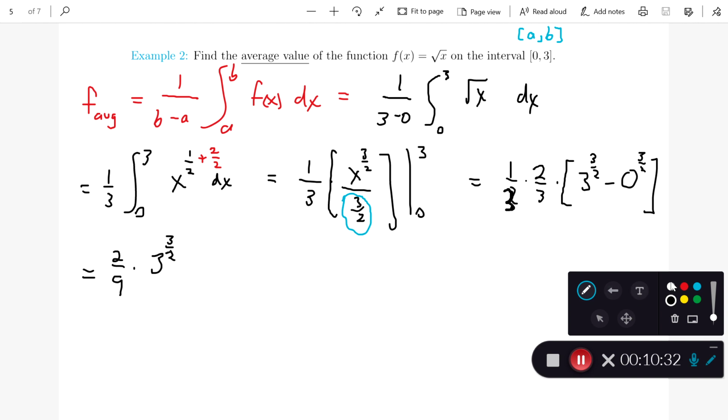If you do need to simplify for any reason, remember that the 2 in the denominator means square root, and the 3 up here means that you cube. 3 cubed is, of course, 3 times 3 times 3, which is 27.